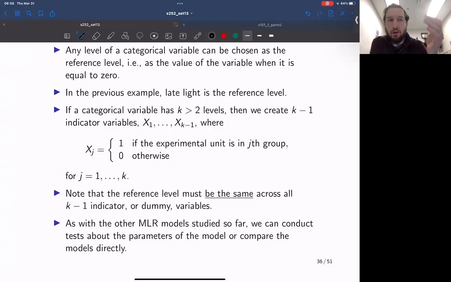The only other condition is that for every dummy variable, you have to have the exact same reference level. Whatever the reference level is for the first dummy variable, that has to be consistent for every other dummy variable in the system. Any questions?